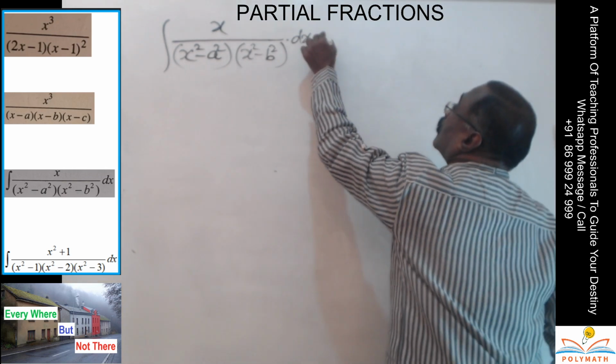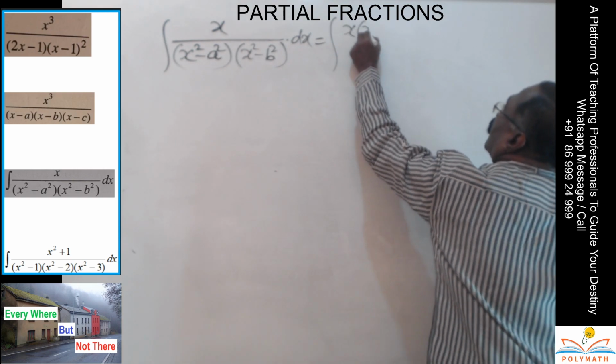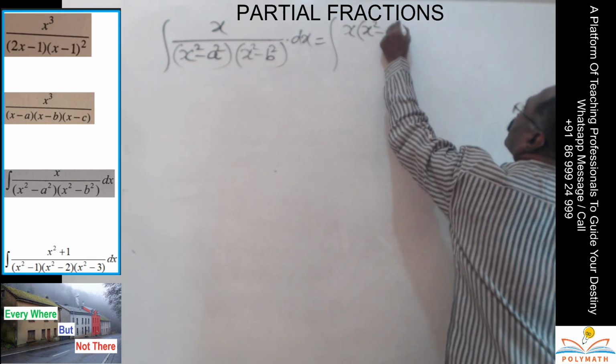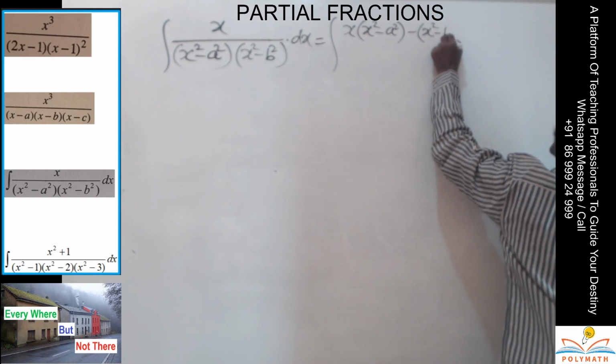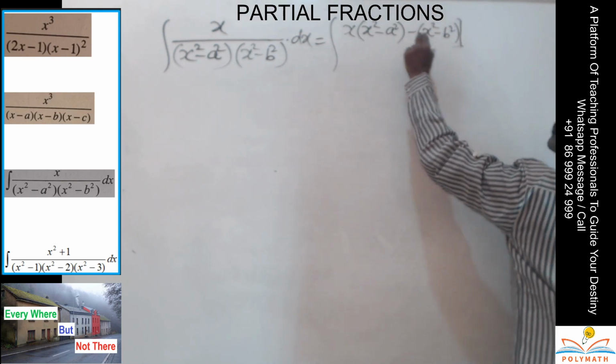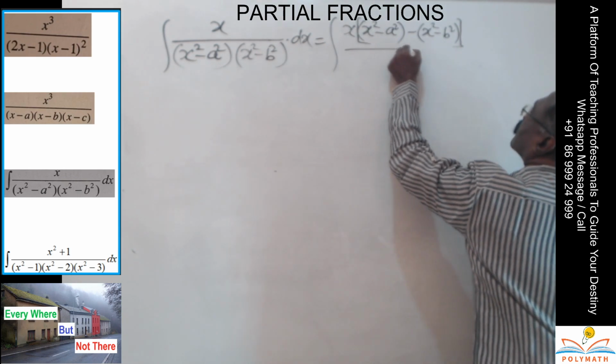Like what? x into (x square minus a square) minus (x square minus b square). See the technique here.